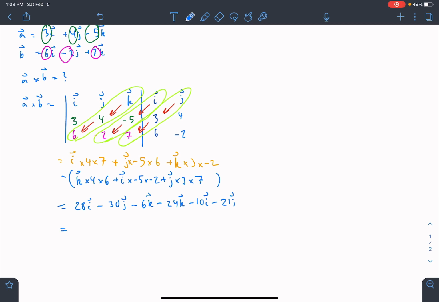So finally, adding up all the i, j, and k components, we get that A cross B is equal to 18i minus 51j minus 30k.